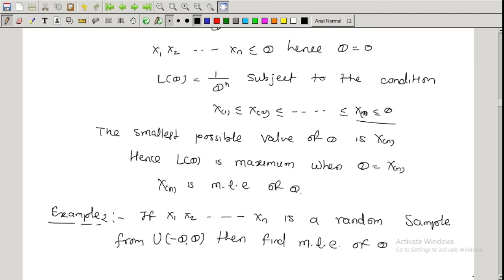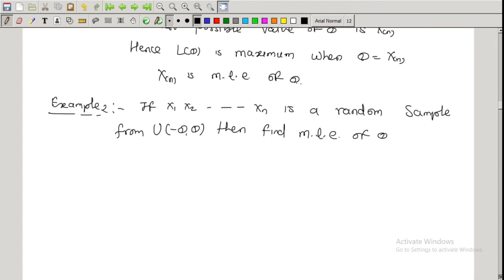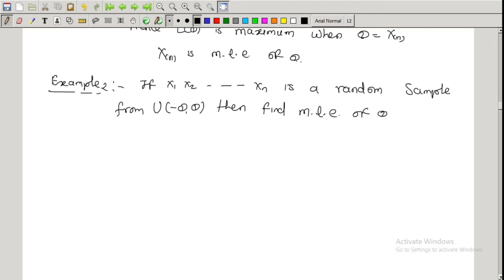So here the range is minus theta to theta instead of 0 to theta.